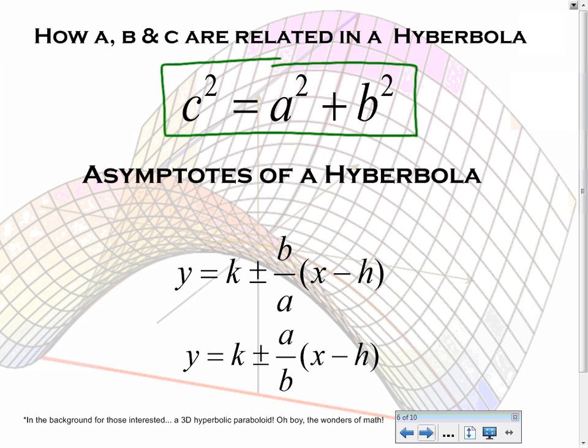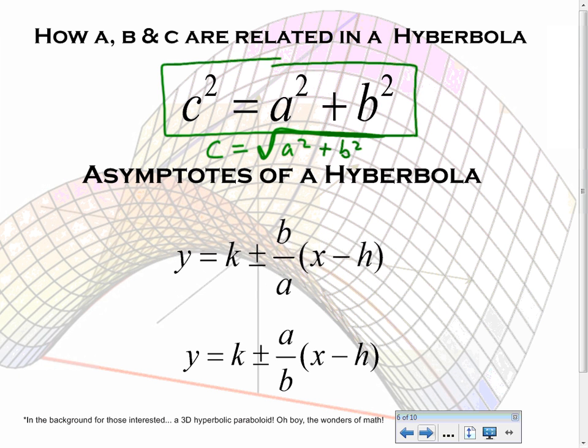Because the foci of the hyperbola are on the outside of the hyperbola, further away than the vertices, we use this formula: c squared equals a squared plus b squared. Slightly different than the formulas we use for some of the others. So of course that means you can take the square root. So c is the square root of that sum.